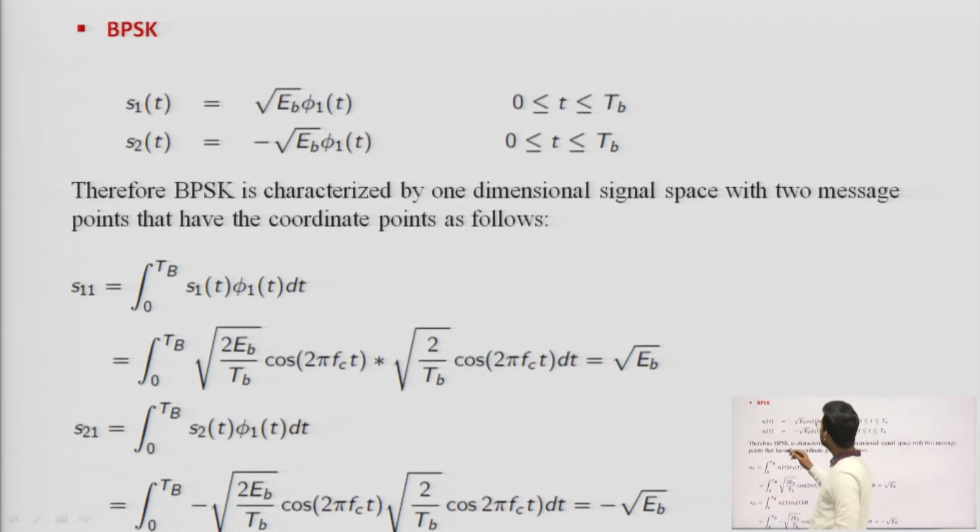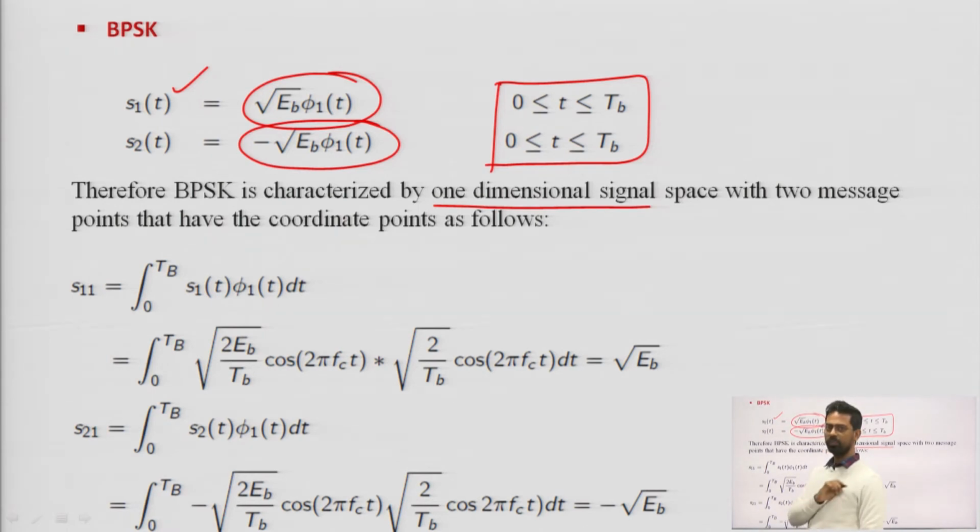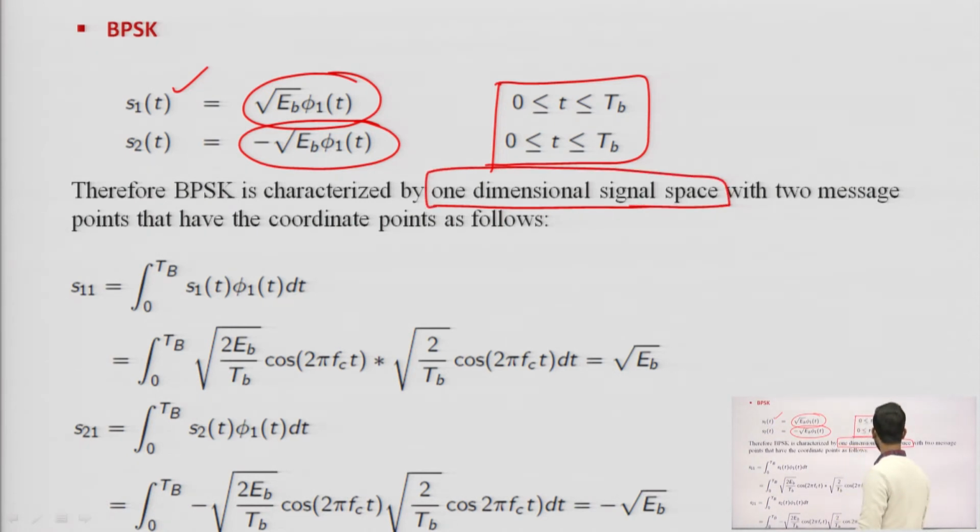So I can write in terms of the basis function s1(t) equal to root Eb phi 1(t) and s2(t) equal to minus root Eb phi 1(t), both in the interval 0 to Tb. Therefore BPSK is characterized by a one dimensional signal space, because we have only one basis function. This is very important: one dimensional, but with two message points.